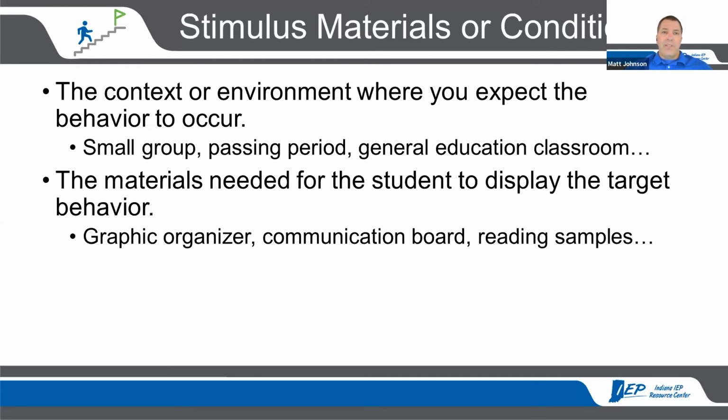So just to illuminate this a little bit more, the stimulus material or conditions, again, is a context or an environment where you expect the behavior to occur. What I've been relating a lot lately is, think about this as a science experiment. It doesn't match up 100%, but for a science experiment to be valid, we set the conditions the same each time. So if we want to check the conditions, we have to set up the thing the same way each time.